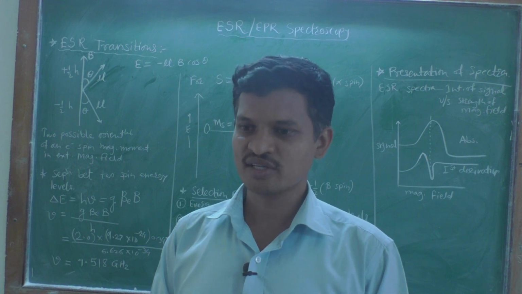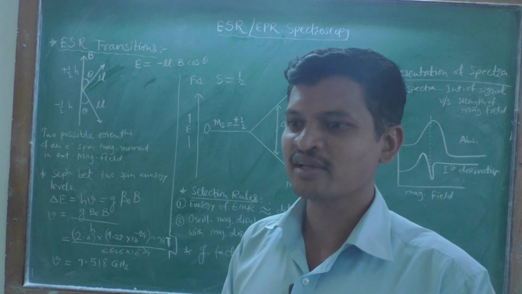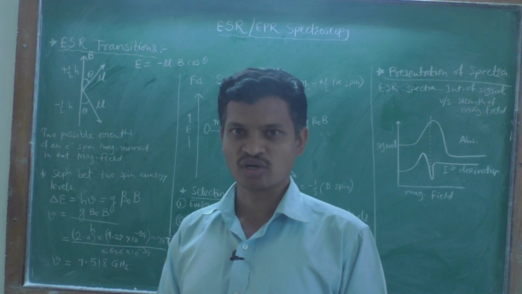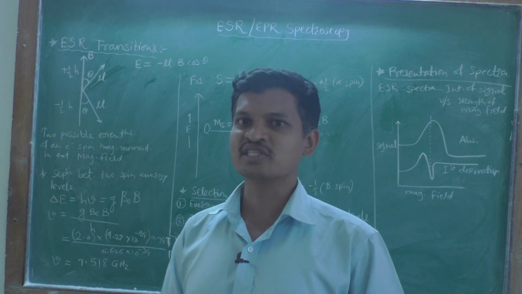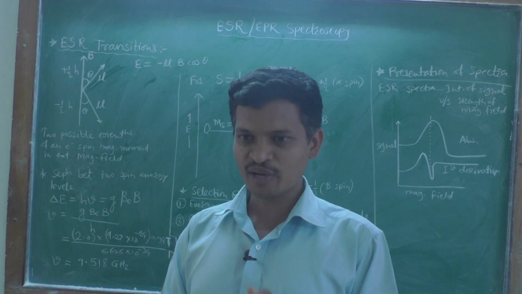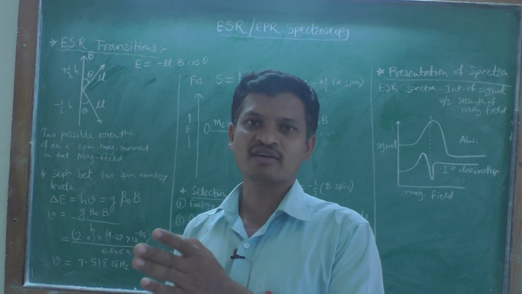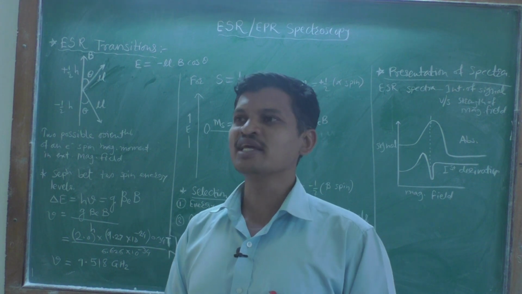The electron acts as a tiny bar magnet because it carries a charge and it is moving.